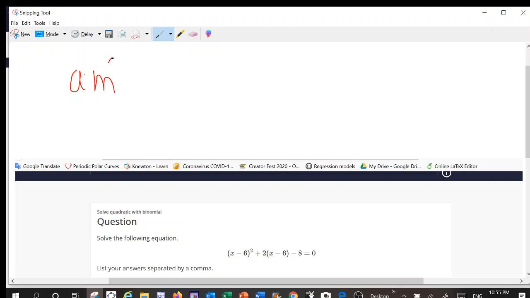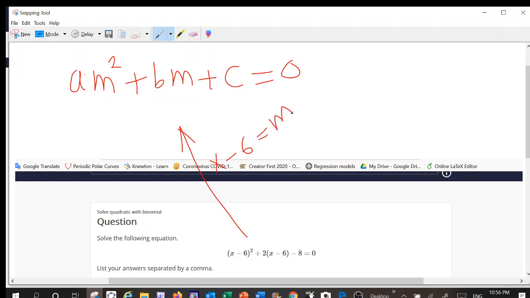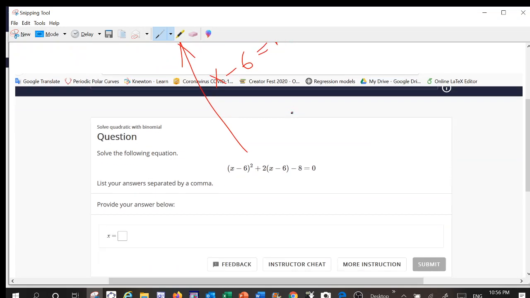Let's say a m squared plus b m plus c equals 0. So change the variable to m because I use another variable here, x. So this actually looks like that. If we let x minus 6 be m, then we can write this as m squared plus 2m minus 8 equals 0.